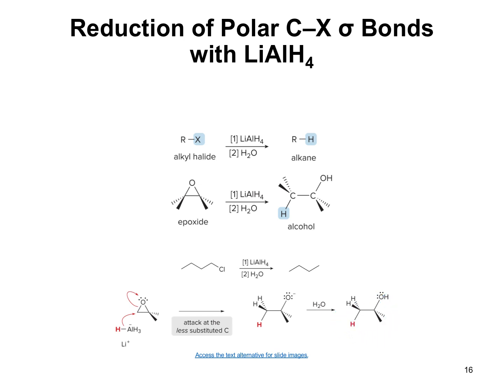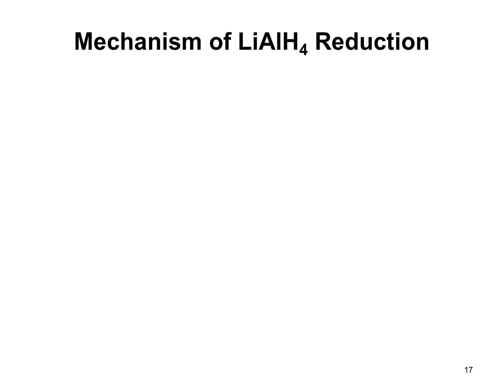Let's look at an example of lithium aluminum hydride reacting with an alkyl halide. And so when we look at that mechanism, we see sort of the same thing here where we have aluminum, right, with its negative charge. And the hydride is what comes in here and reacts with that partial positive carbon, and those electrons go on to the halogen.